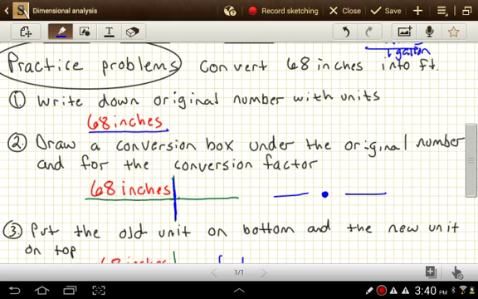So 68 inches is in one box, and another conversion box is for the other. I have my first numerator, my first denominator, my second numerator, and my second denominator. They can be written the same way. You can leave the vertical line out if you want to, as long as you put the multiplication sign in the middle to know what you're doing.